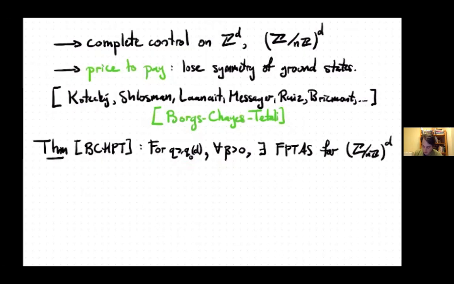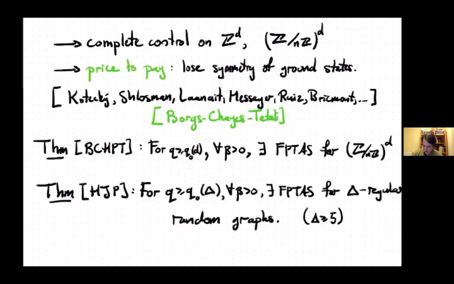So from the point of view of computer science, Z^D they think is a bit weird. But by this general schema I outlined, in another paper with Matthew Jenssen and Will Perkins, we showed that if you fix some delta and look at delta-regular random graphs, you can do a very similar trick.